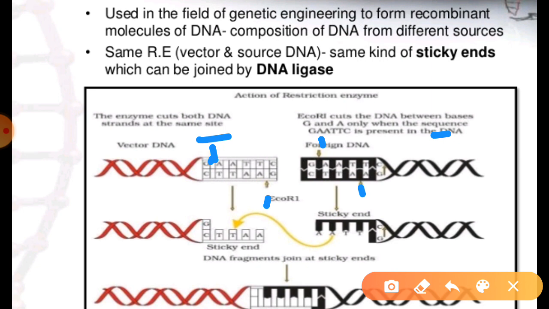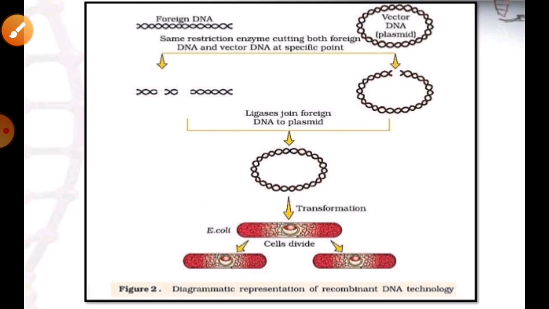As you can see, after the action of the restriction enzymes, they cut and make sticky ends in both strands, and after that we can use DNA ligase, which can join the vector DNA and the foreign DNA to each other with the help of hydrogen bonding.